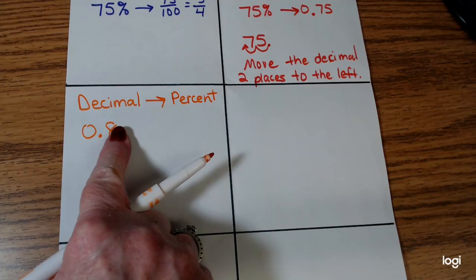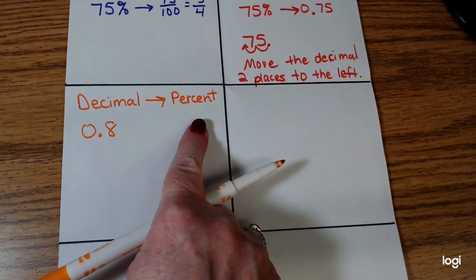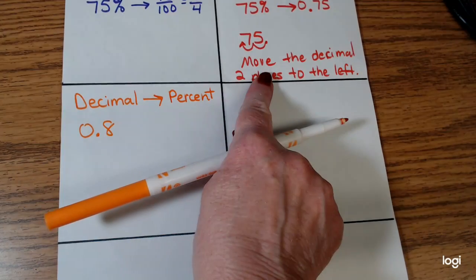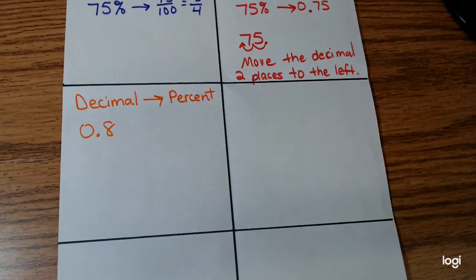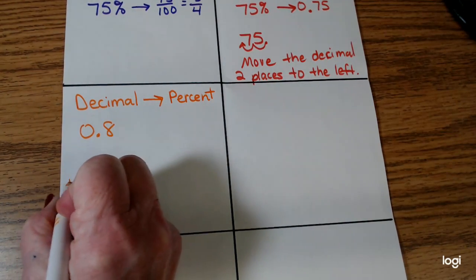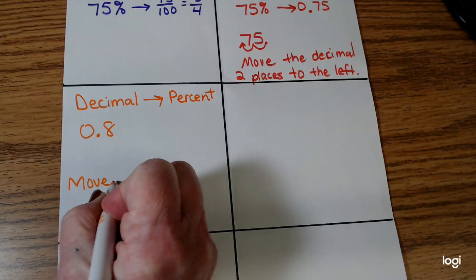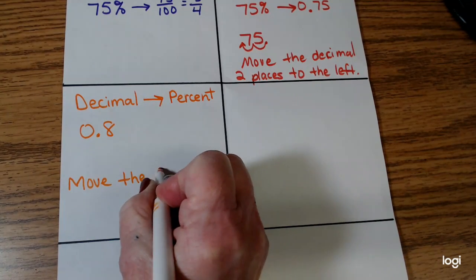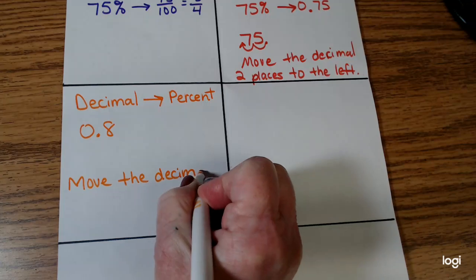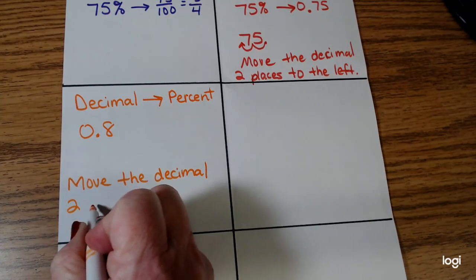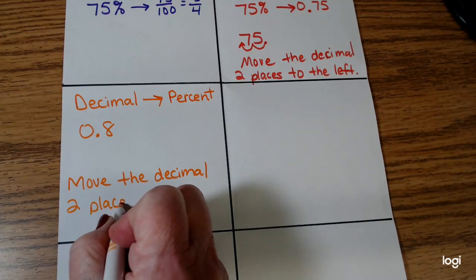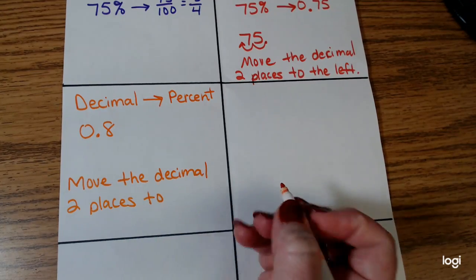Well, in order to go from a decimal to a percent, we're going to do the opposite of what we did up here. We're going to move the decimal. Let's go ahead and write this down. Two places. This time we're going to go to the right.